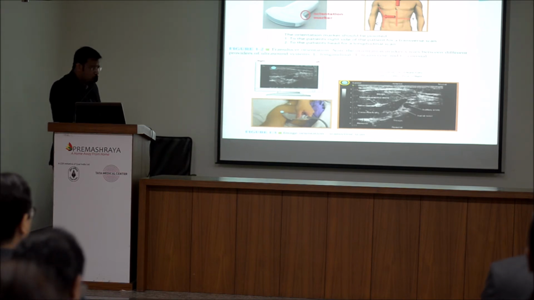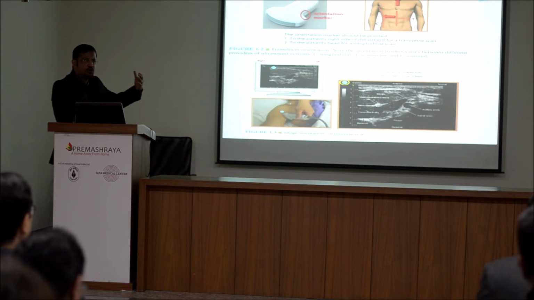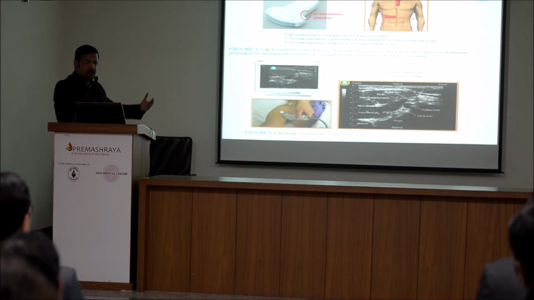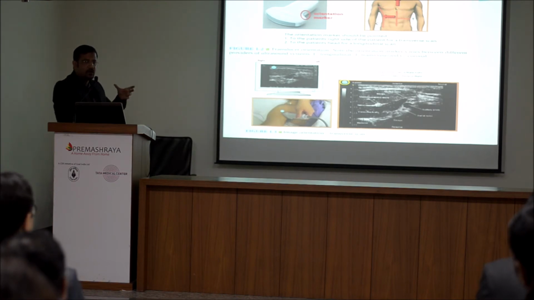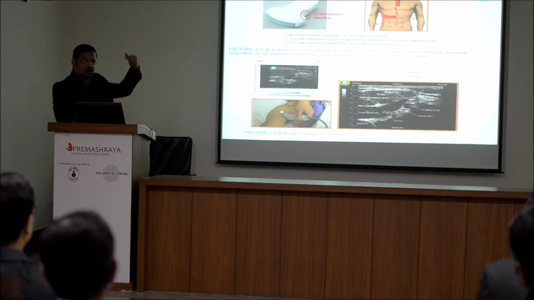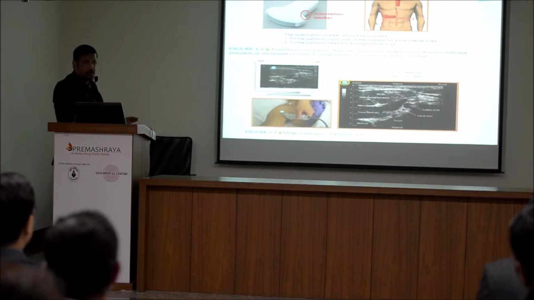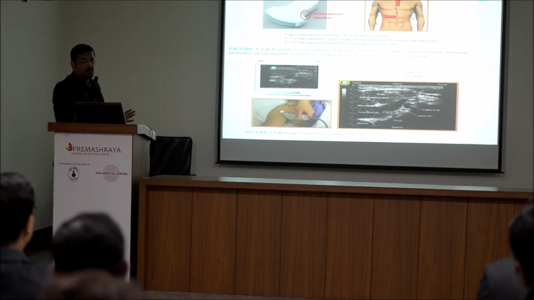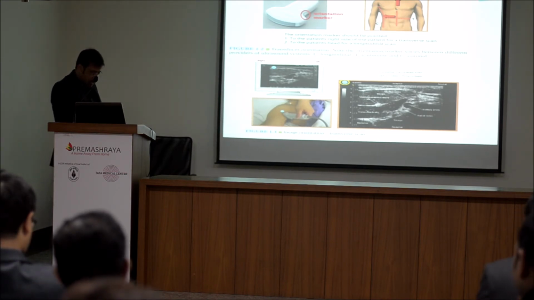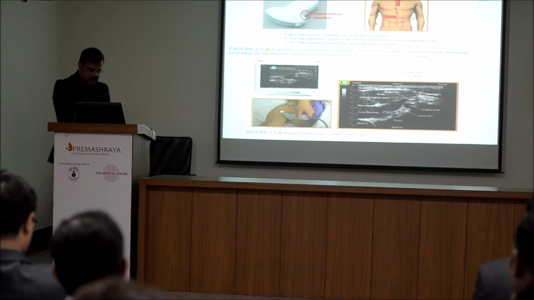And usually when you are doing a transverse scan, we want to put that orientation marker to the right side of the patient, and if you are doing a longitudinal scan, you want your orientation marker cephalad. Okay? So which is right, which is left, which is medial, which is cephalad, caudal, it should be in your mind, and this orientation marker helps in that.